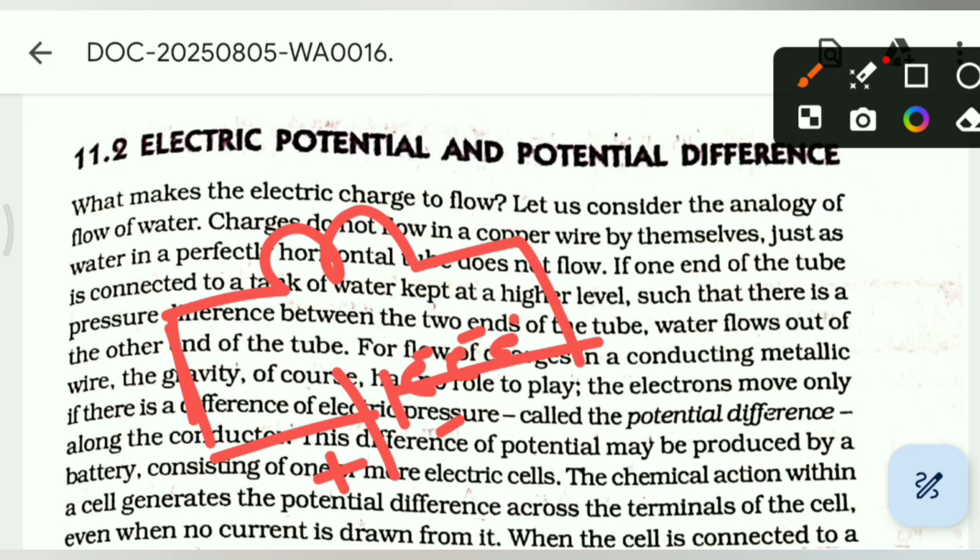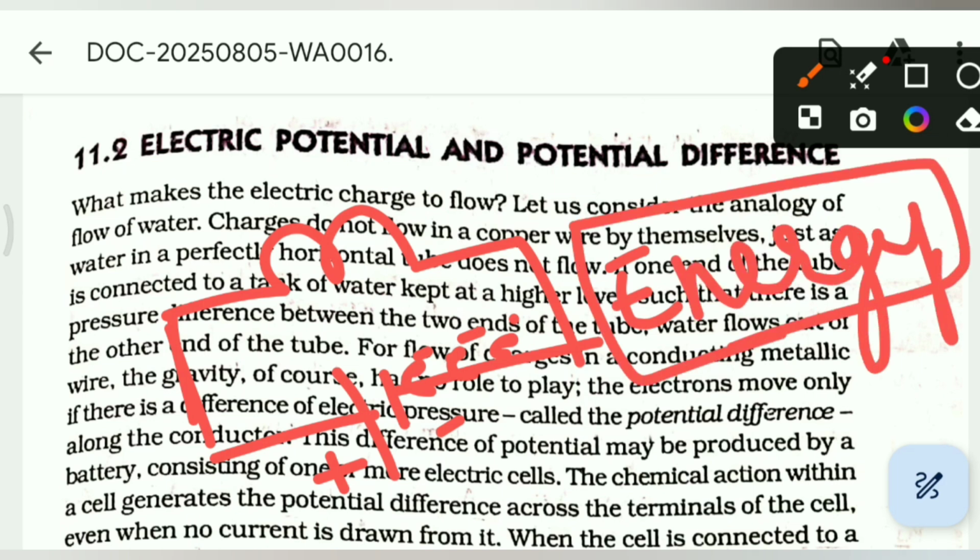To move electrons, it needs some kind of energy. Where will these electrons get this energy? Actually, these electrons get this energy from the battery. The battery is the source, a power supply responsible for pushing electrons in the same direction, which creates a continuous path for electrons to move in a particular direction.